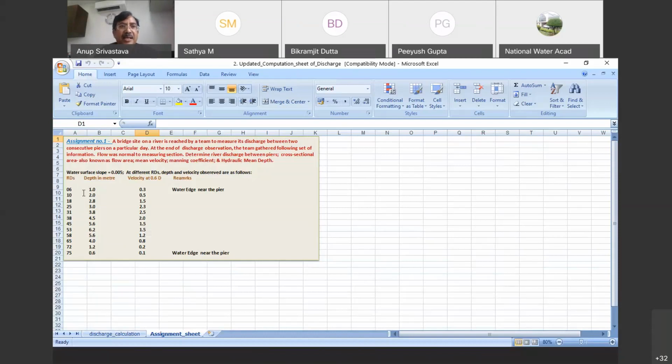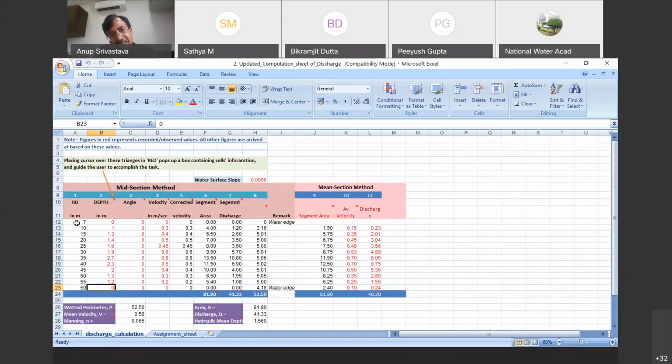Okay. So this assignment is a simple hypothetical scenario that we have captured here. Those who have gone through it, you see the segments are not at equidistance; they are at irregular intervals. In the earlier sheet, between the near end and far end RDs, all the segments are equally spaced apart.